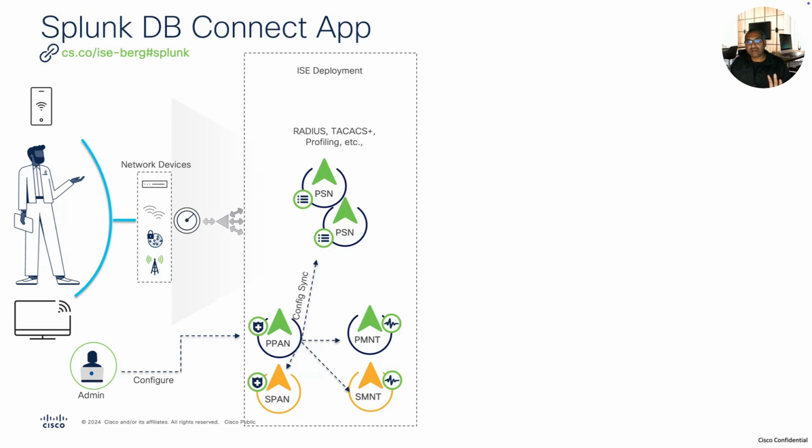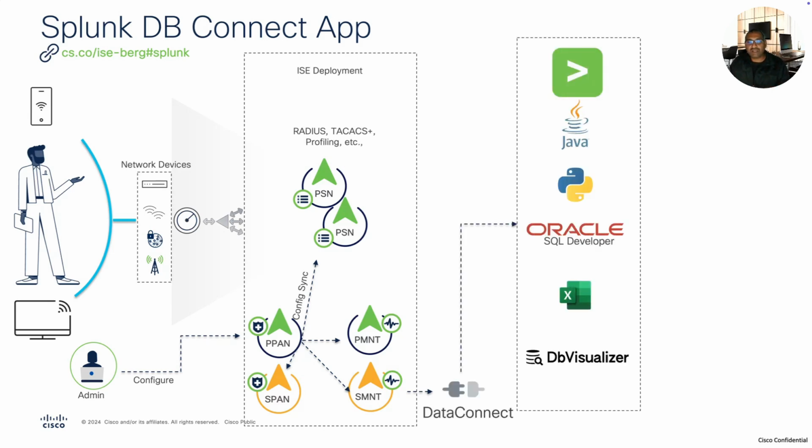So instead of making use of a UDP or a TCP mechanism, is there any other method? The Data Connect is going to give you the capability to connect straight away to the SMNT. That's the preferred one. By default, it's going to listen on the secondary MNT if available, when you enable the Data Connect.